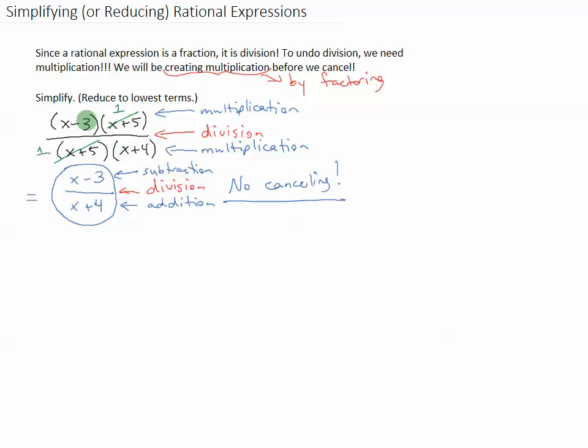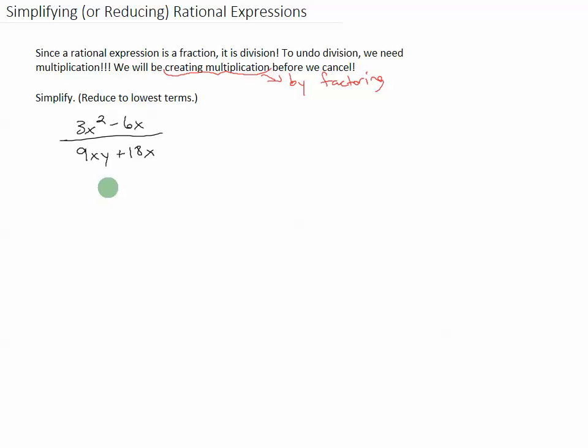Now in this example, the original problem was already factored. That's why it was multiplication already, and we could just go ahead and cancel. But let's see how to handle a problem that is not factored, that's not already multiplication, and see if we can reduce it. So here we have a rational expression, we have division, and in order to cancel things on top with things on bottom, we need multiplication on the top and the bottom.